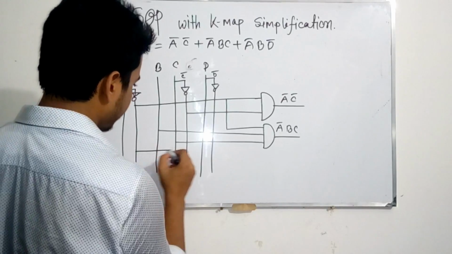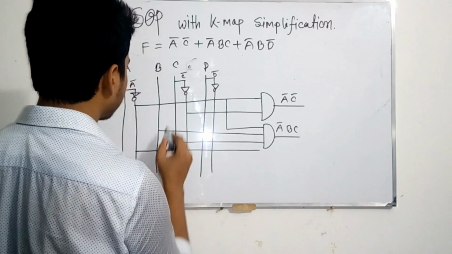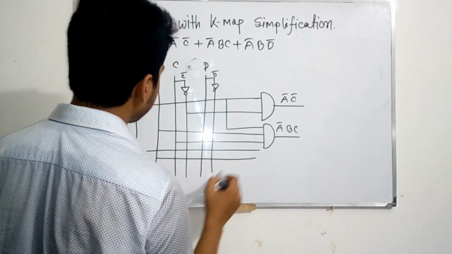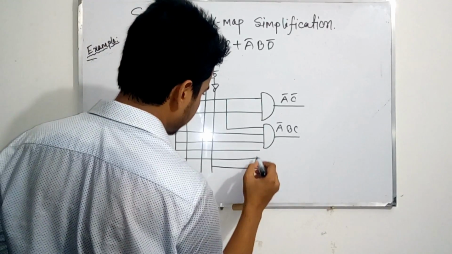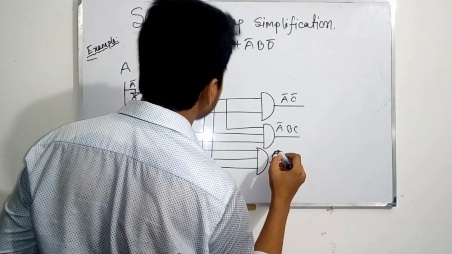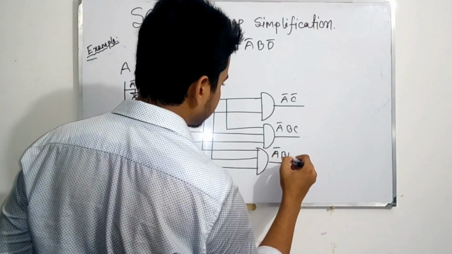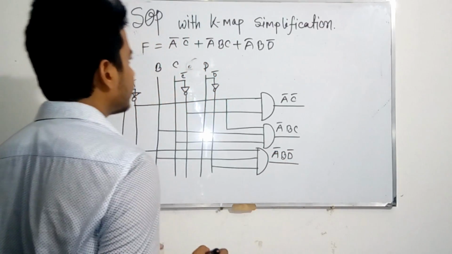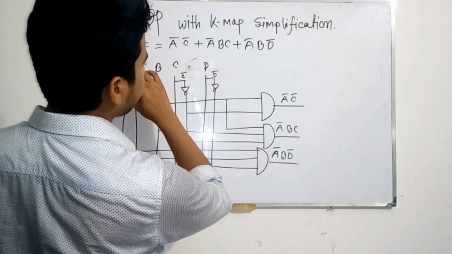So A naught, need B, and we need D naught, another AND gate. So we get our AND equation.